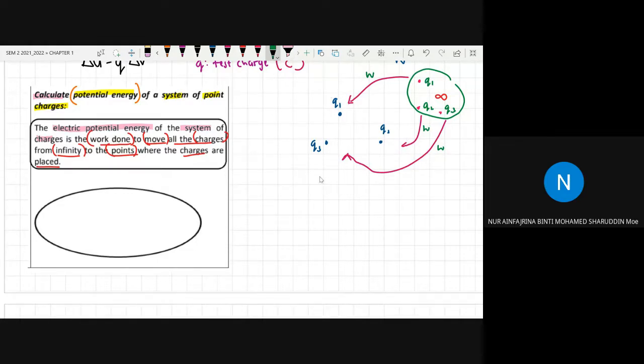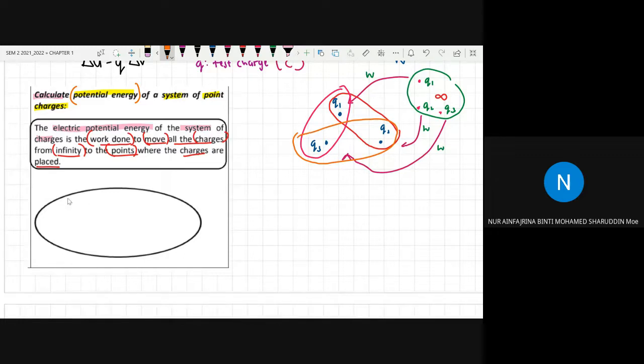System of the charges ini. Jadi, bila kita nak calculate electric potential energy dia, kita kena consider all lah sebab dia a system. So, kita akan cari electric potential energy untuk Q1 dan Q2. Kita akan cari electric potential energy untuk Q1 dan Q3 dan kita juga akan cari electric potential energy untuk Q2 dan Q3.